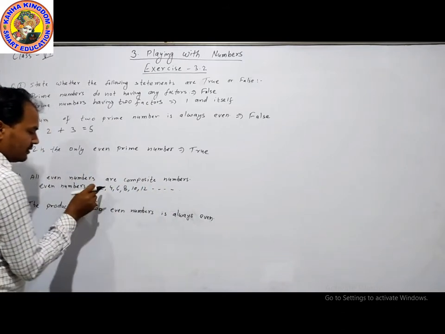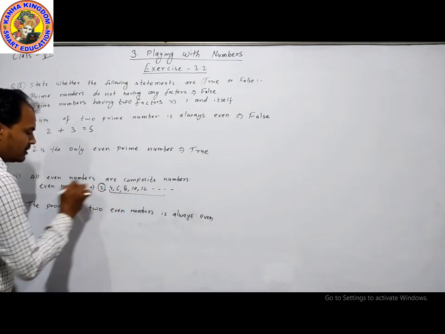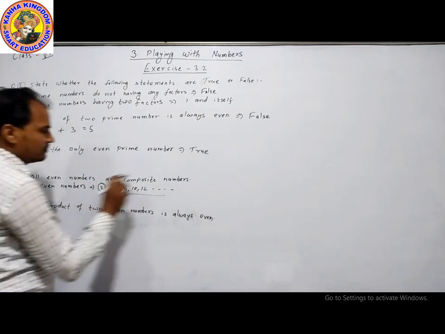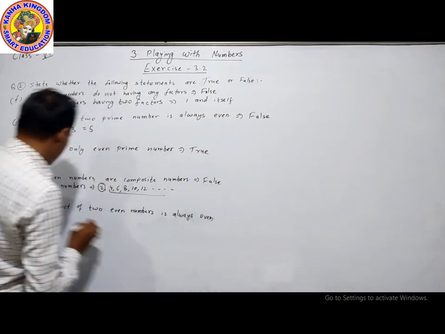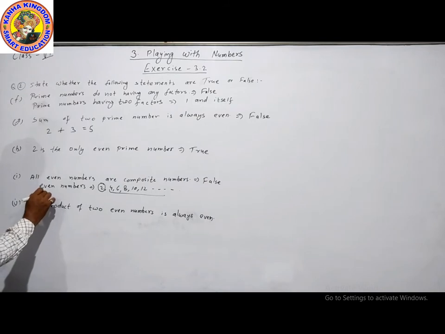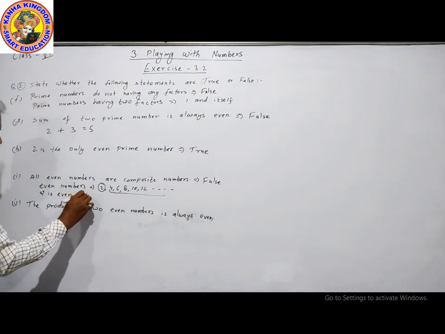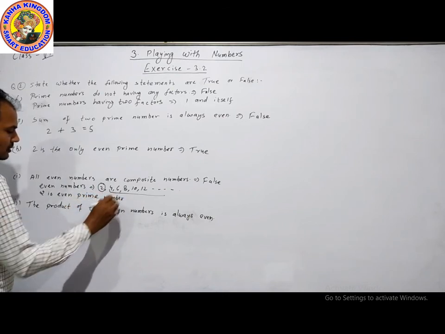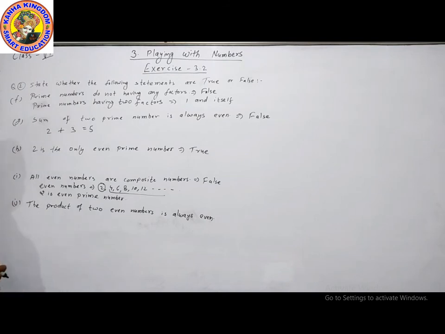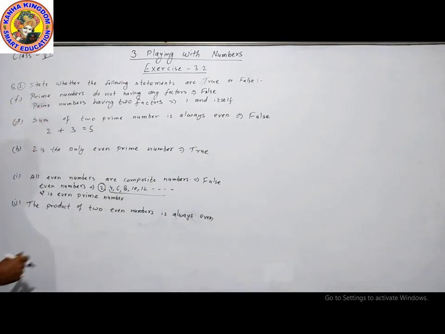These are composite, but 2 is a prime number, so this statement is false. 2 is an even prime number, not a composite number.